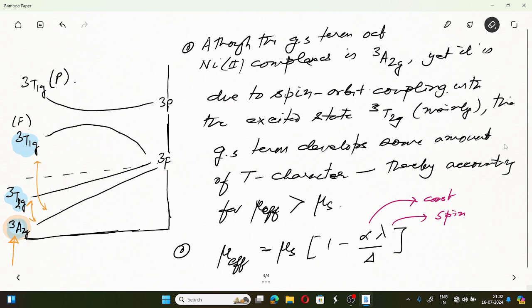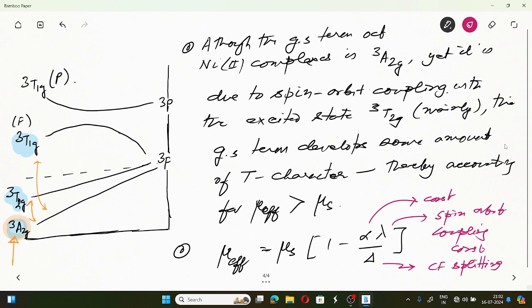This is referred to as spin orbit coupling constant, and delta is the crystal field splitting energy, ডেলো বা ডেলটি, যেটা ক্রিস্টাল ফিল্ড স্প্লিটিং এনার্জি যেটাকে আমরা বলি, ক্রিস্টাল ফিল্ড স্টেবিলাইজেশন এনার্জি নয় কিন্তু, crystal field splitting energy.